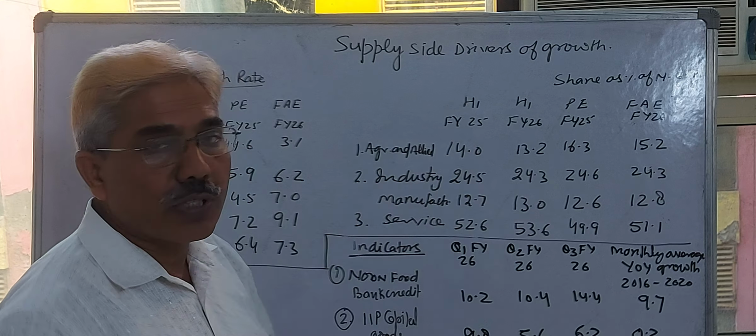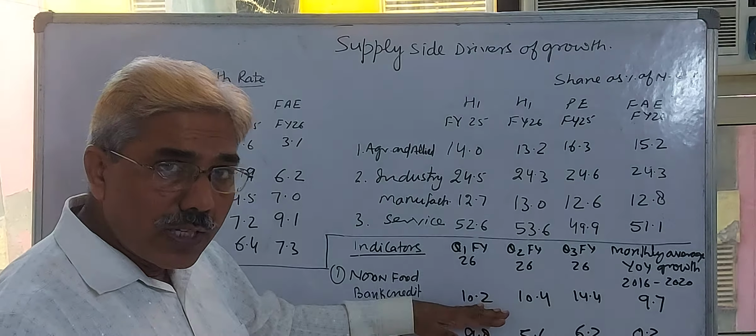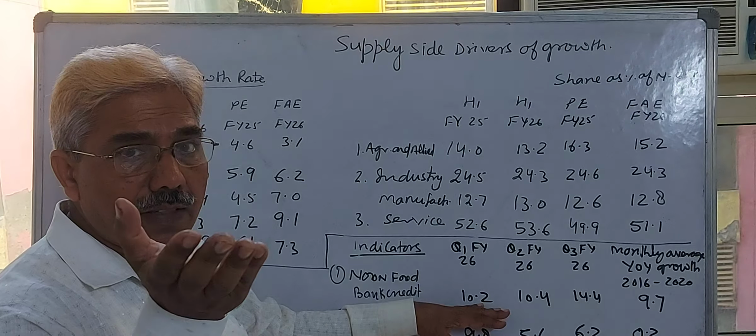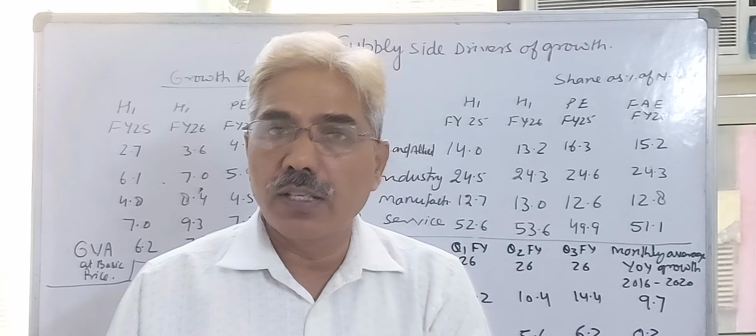Second point which you have to understand: this bank credit, on one side, motivates private investment, and on the other side it also increases the growth rate of capital goods industries. You can classify all industries in two categories: consumable goods industries and capital goods industries.